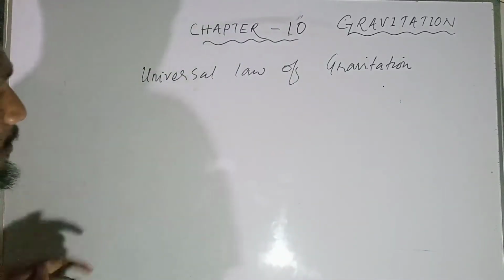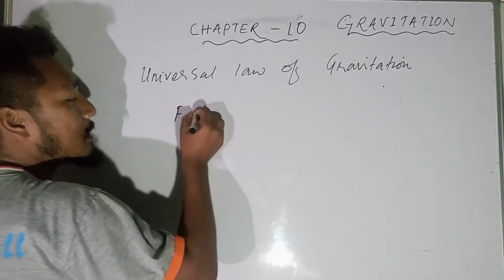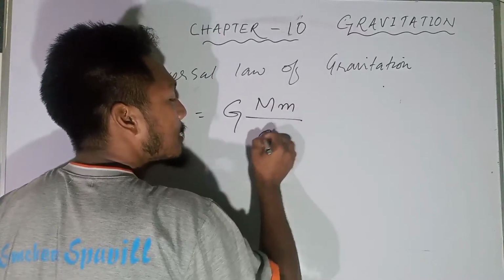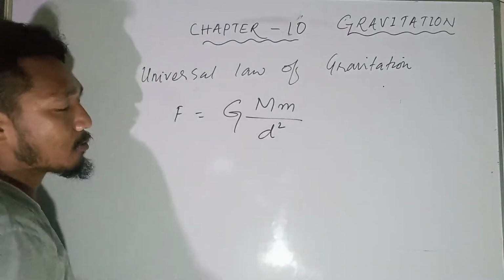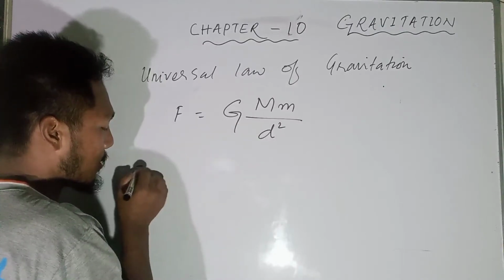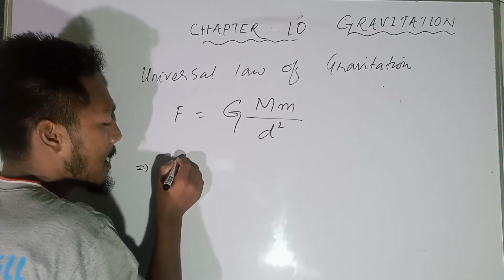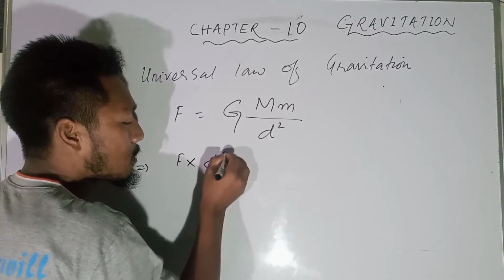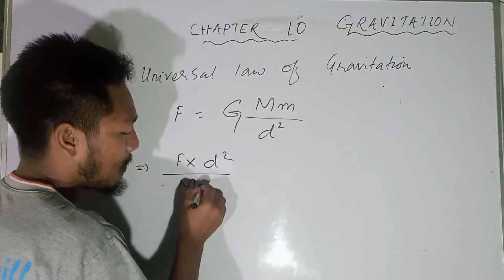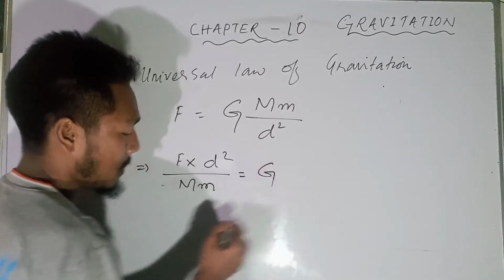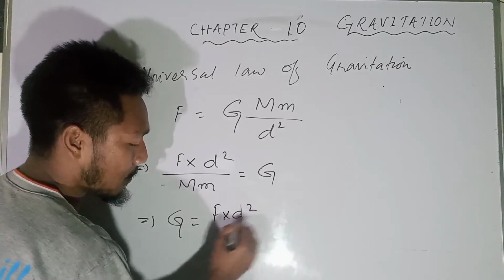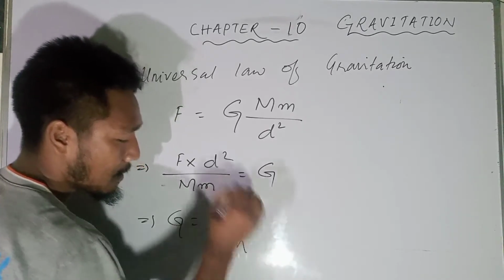Now you see, we have learned that force is equal to G into M into M divided by d squared. If I want to find the universal constant G, that means G is equal to F into d squared divided by capital M into small m.